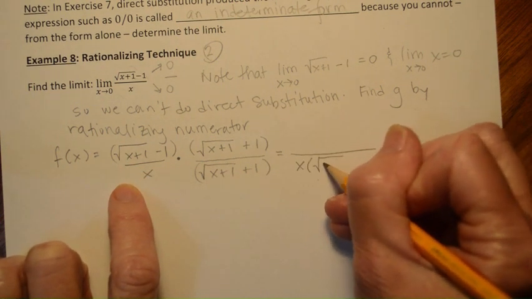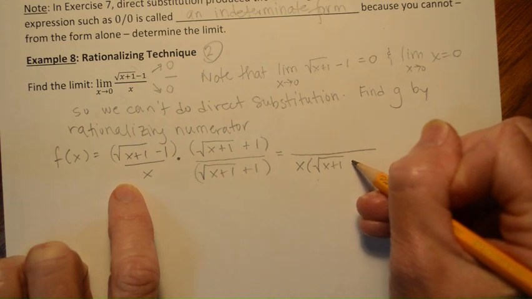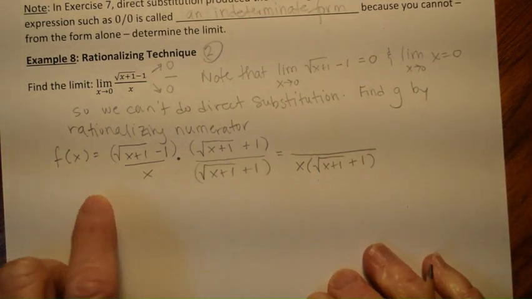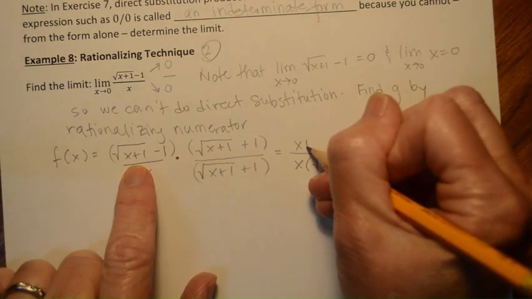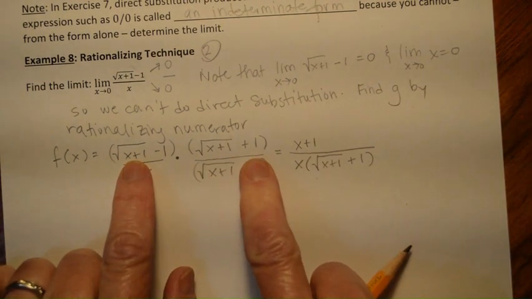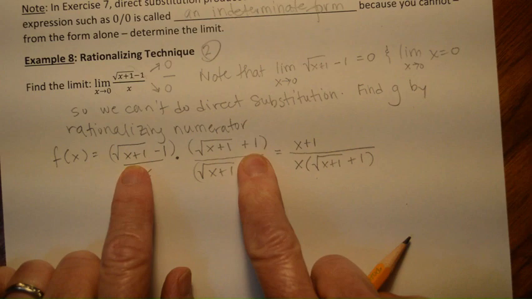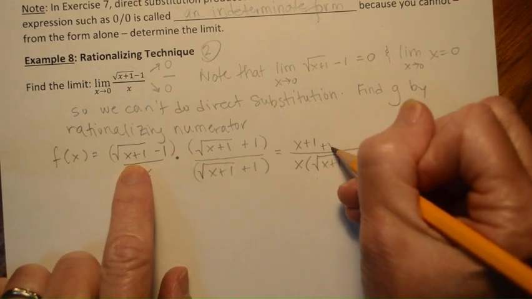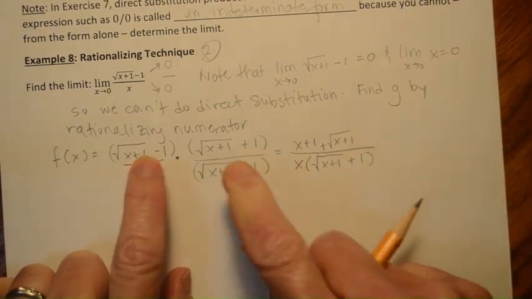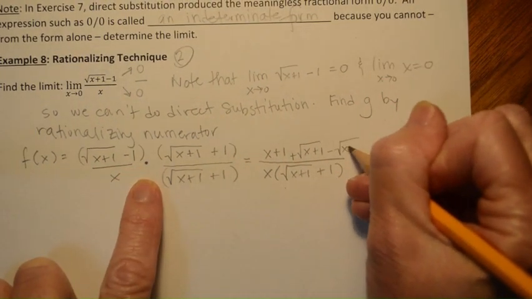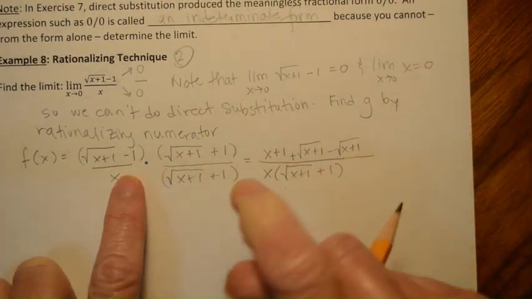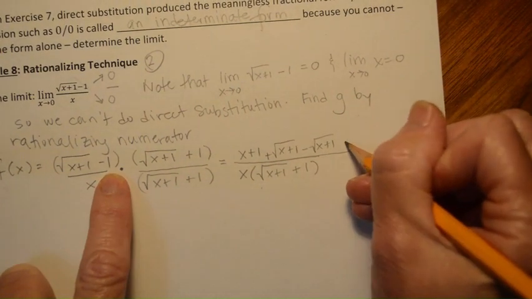x times the square root of x plus 1 plus 1. In the numerator, we should get x plus 1 for the firsts, and then we're going to get plus square root of x plus 1, and then we'll get minus square root of x plus 1, and then we just end up with minus 1.